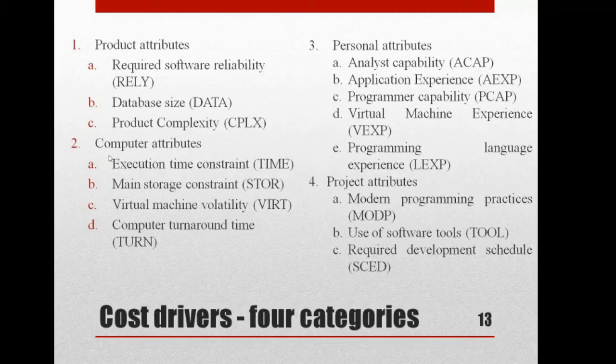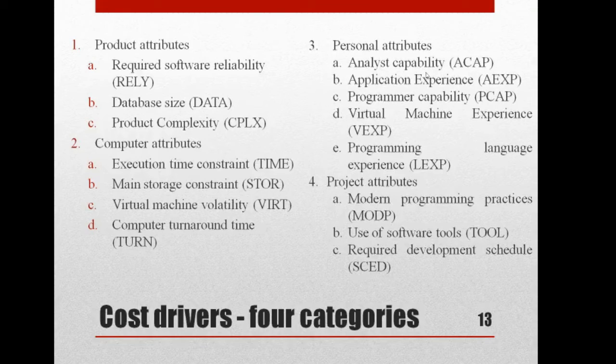Then the next one is computer attributes: execution time constraint, meaning how much time the software is going to take to execute, main storage constraint, virtual machine volatility, and computer turnaround time. These four are taken under the computer attributes.